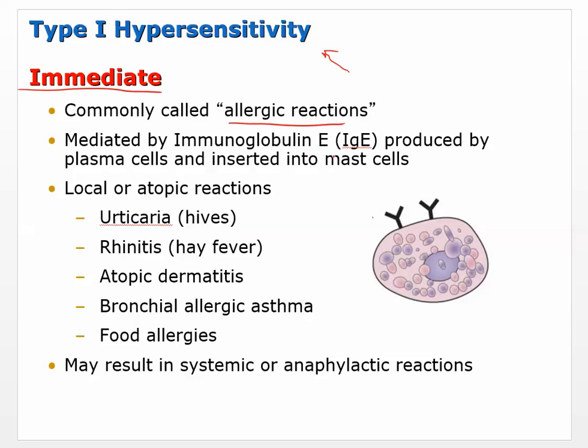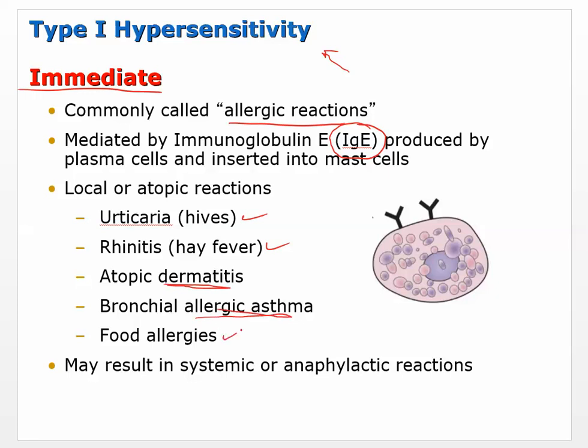So they're mediated by IgE, immunoglobulin E, and essentially what happens is your immune system will recognize the allergen, and then the B cells will start to produce IgE. Okay, so I'll talk a little bit more about that mechanism, but local or atopic reactions: urticaria, which are hives, rhinitis, hay fever, atopic dermatitis, so inflammation of the skin, and bronchial effects, allergic asthma types of effects.